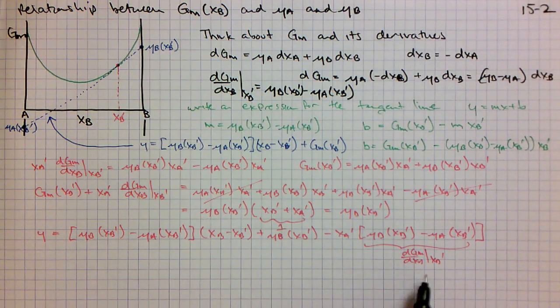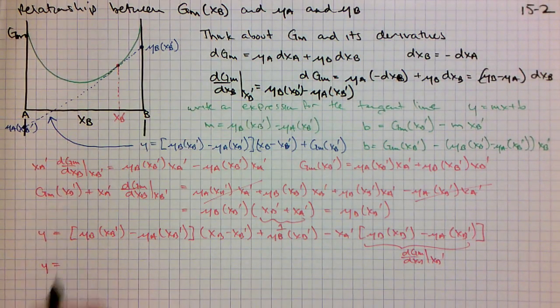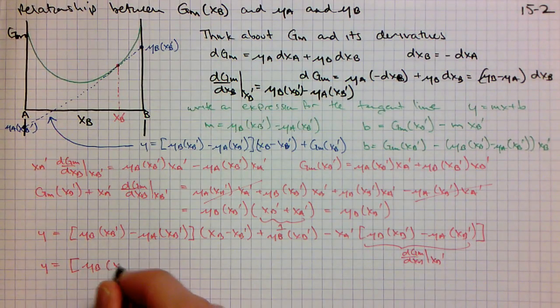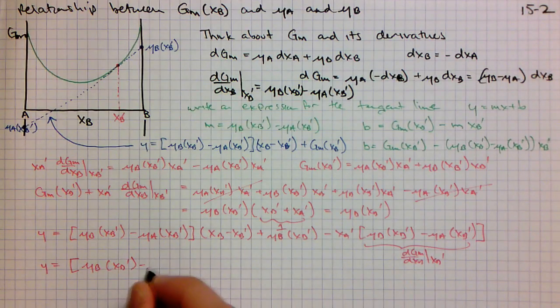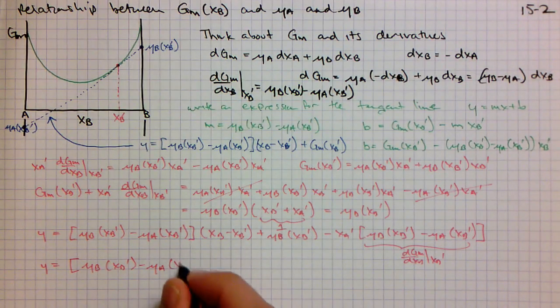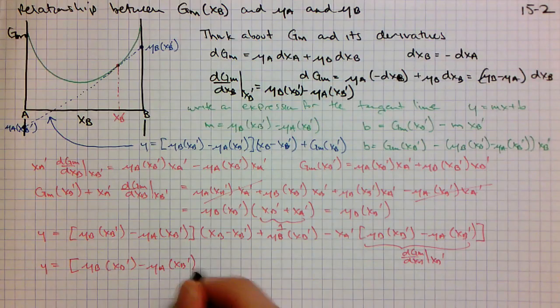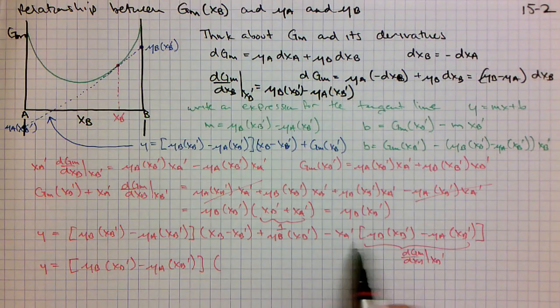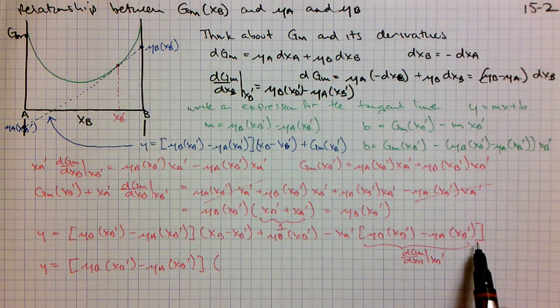And if we simplify this, we can write this as mu b at xb prime minus mu a at xb prime times, and now we're going to combine this with this piece.